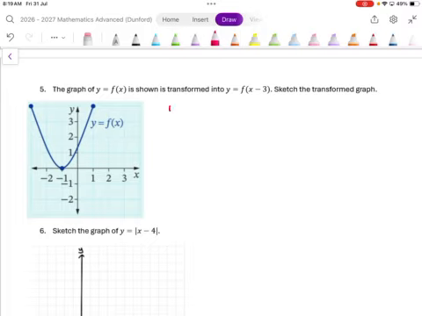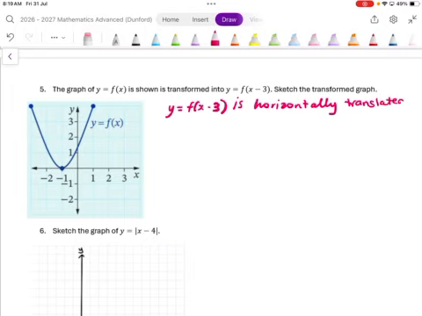So y equals f of x minus 3 is horizontally translated. What have we done? From y equals f of x to get to that, we've moved it to the right.